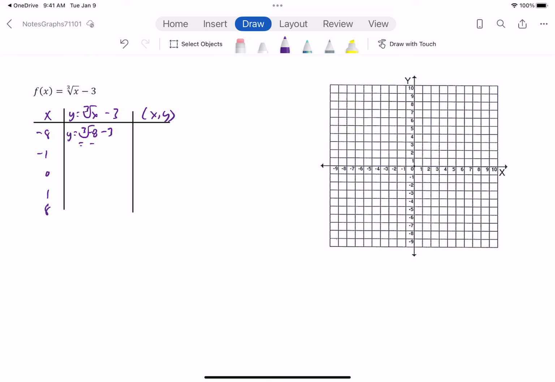So this time we get negative 2 minus 3. So we get negative 8, negative 5. This one is negative 1 minus 3 is negative 4.